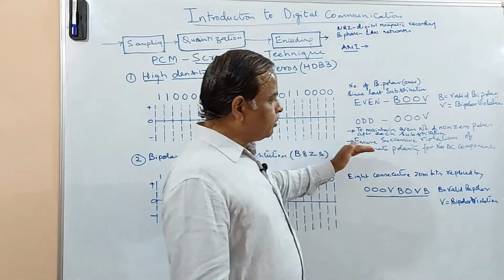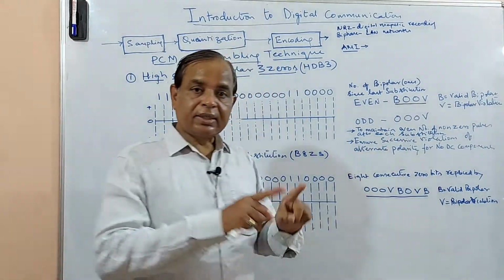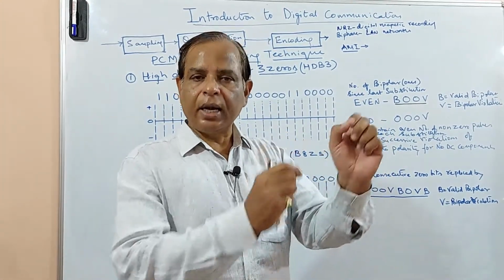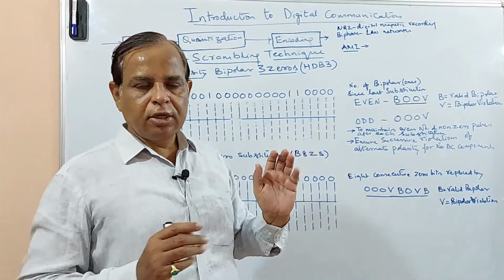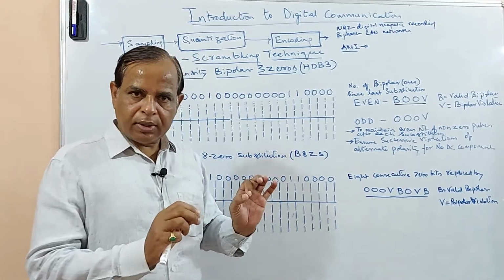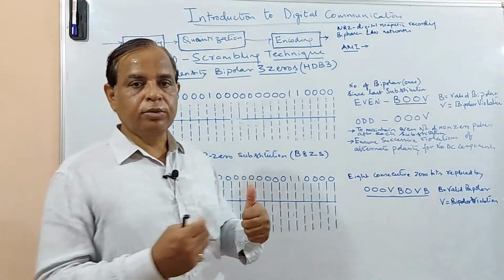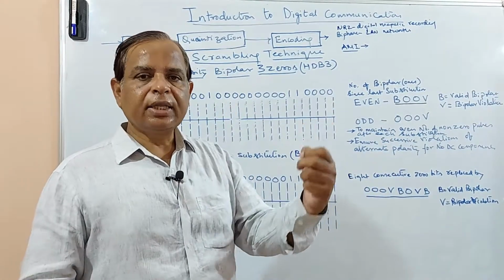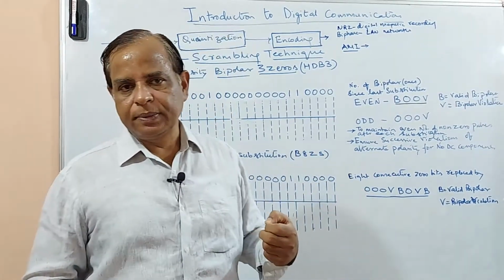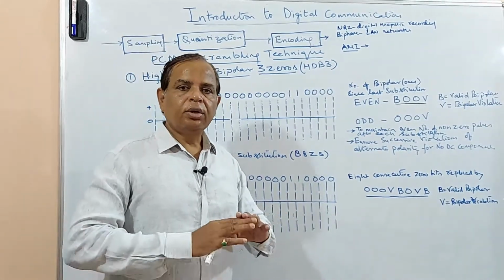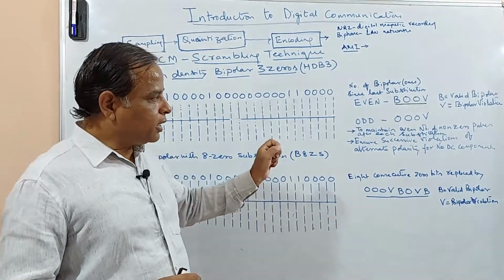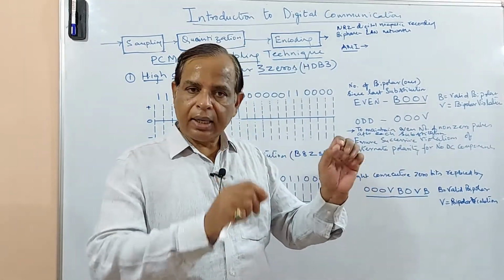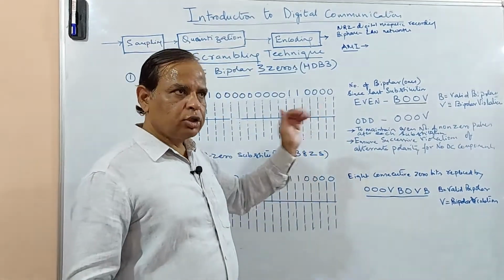And at the same time, you have to ensure that successive violations will be alternating. Ultimately our objective should be achieved, isn't it? If all the pulses are in one direction, then again there will be an issue of DC component. So that's the reason it has been very carefully taken care that the violation pulses also alternate. Now that also we'll see.